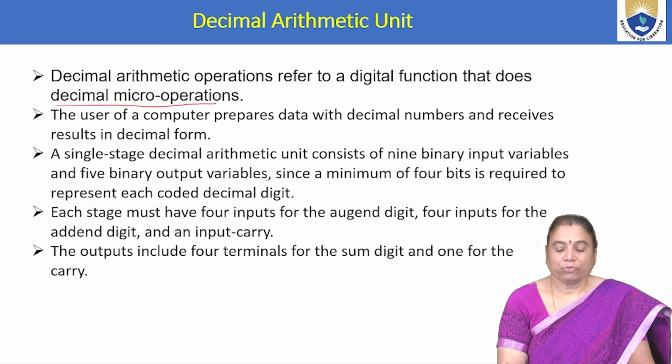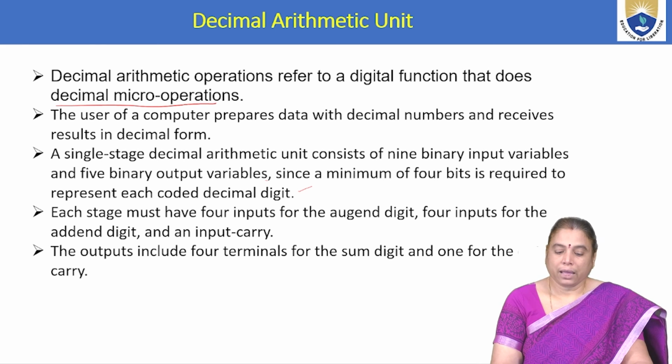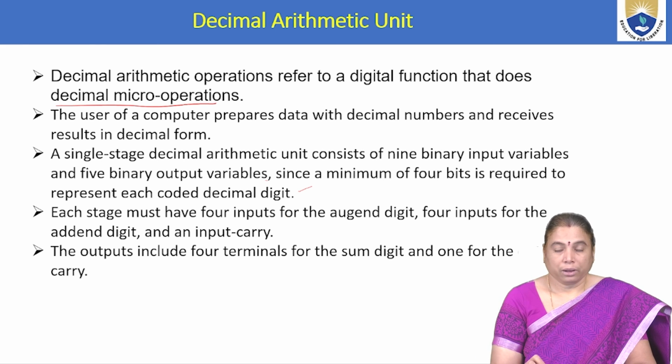Since a minimum of 4 bits is required to represent each coded decimal digit, each stage must have 4 inputs for the augend digit, 4 inputs for the addend digit, and an input carry.